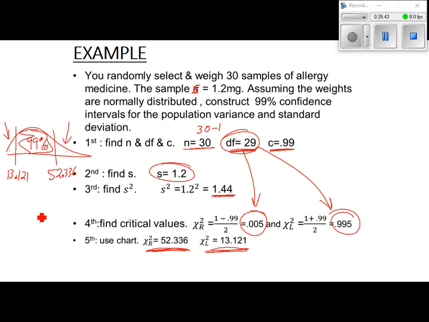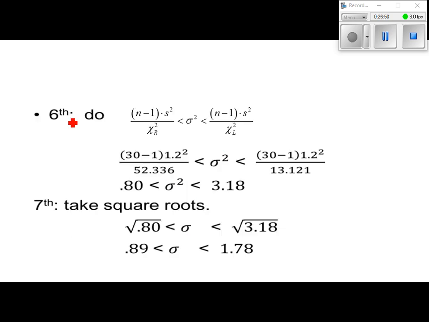Once we have our two critical values, we know our S and we know our S squared. Next thing we're going to do is plug into this formula. So N minus 1 is 30 minus 1, which we know is 29. We've already done that. Our S squared was 1.44, so we're plugging that in there. And we put in our critical value. Remember, our right critical value goes on the left side when we're plugging in to do the interval.